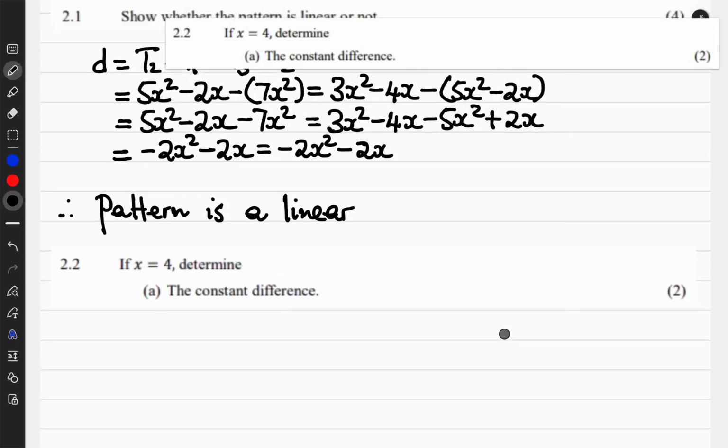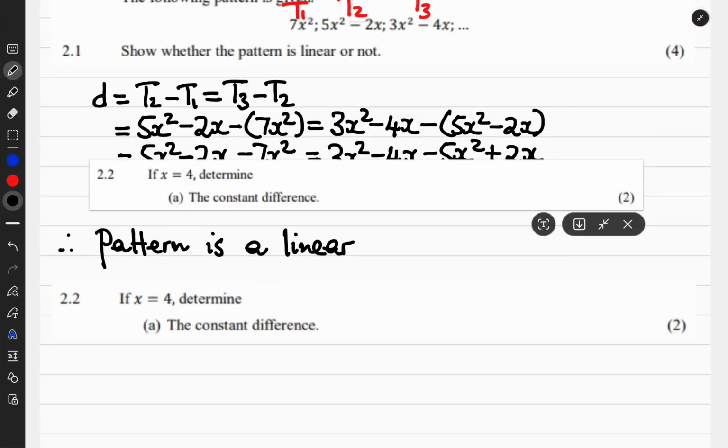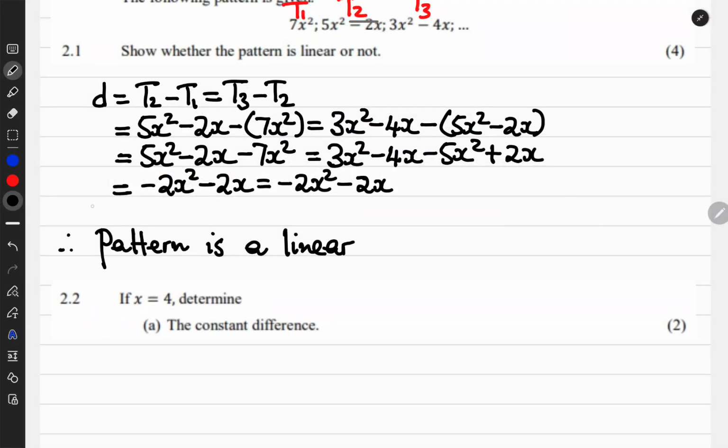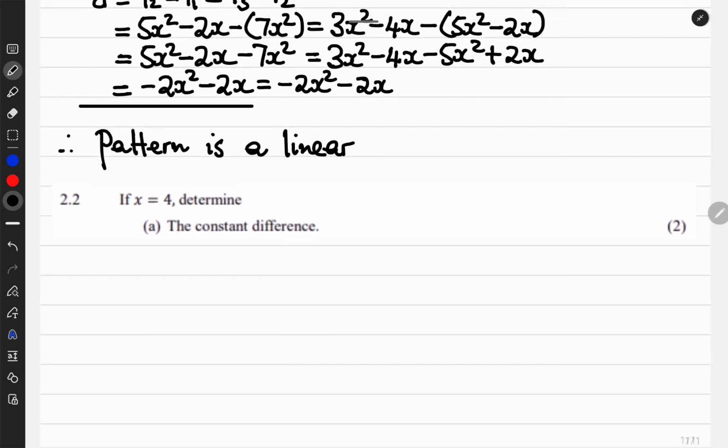So we're going to work from where we left off here. We're going to work from there to say the difference initially is negative 2x squared minus 2x, and from there we can substitute x with 4.